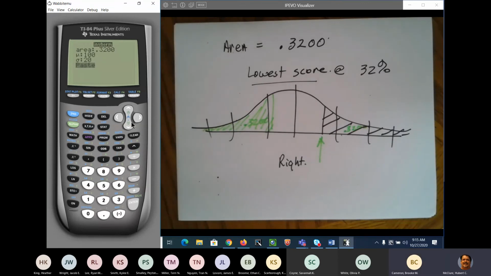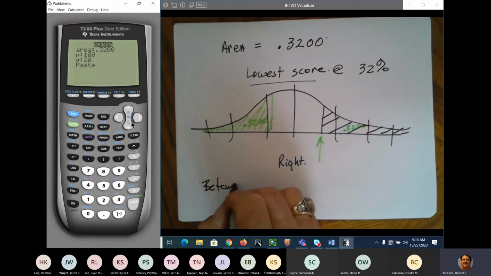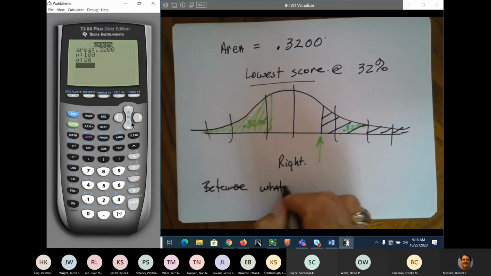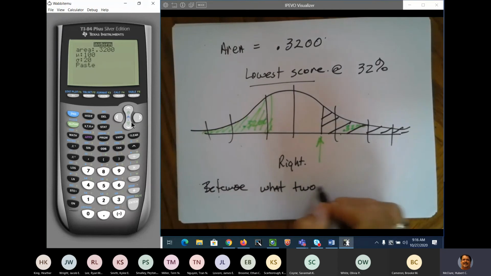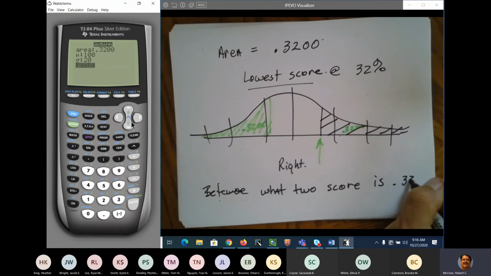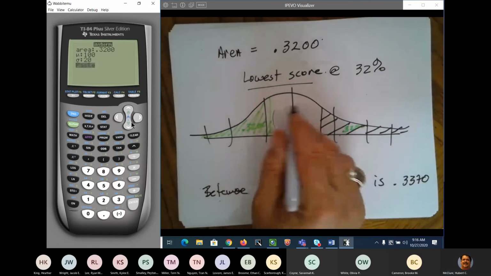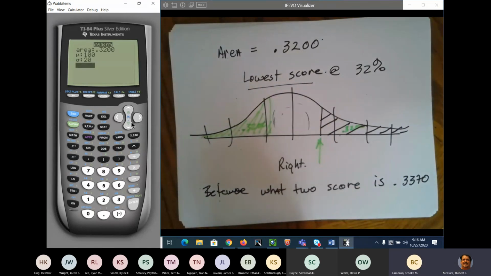But it would say between or center, between what two scores is 0.3370, and you would type in 3370 and you would say two tails, and it would put that in the middle. Got it. Thank you.